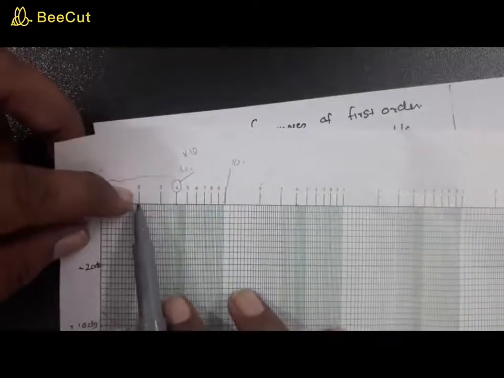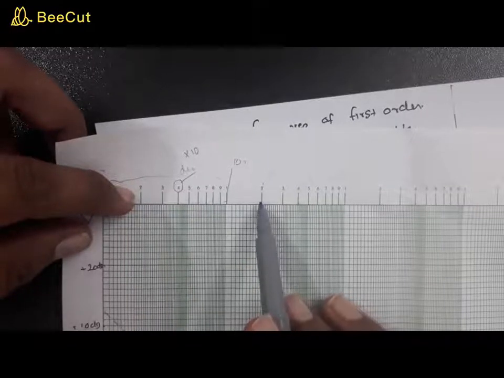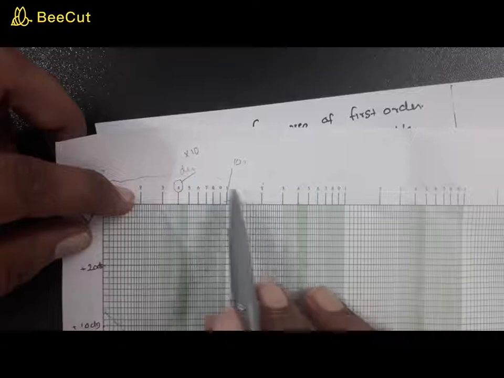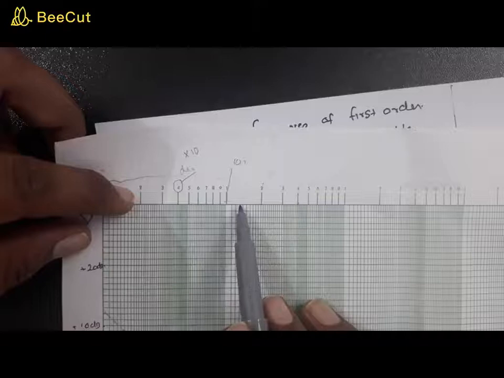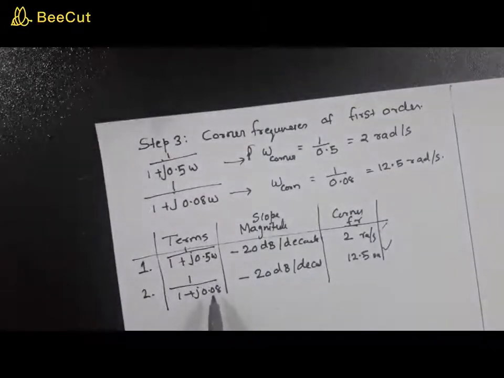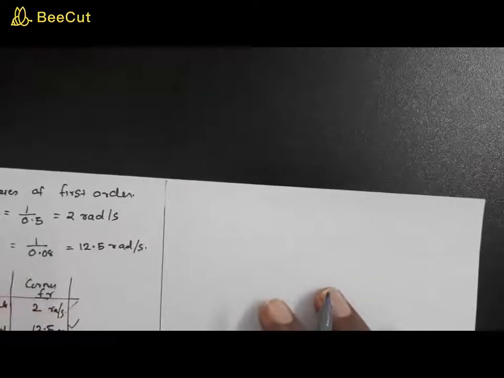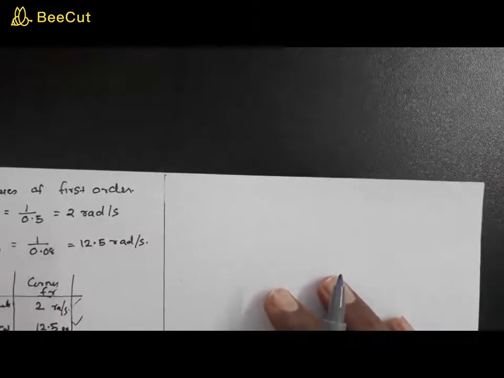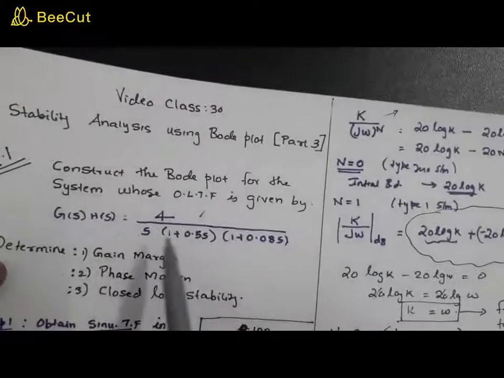If this is your 2, this must be 20, so 12.5 has to come between 10 and 20, somewhere over here. Only at this frequency will this particular term have an effect. Till that point, it will be 0. So we have obtained the data required for plotting the magnitude plot from the given G(s)H(s).